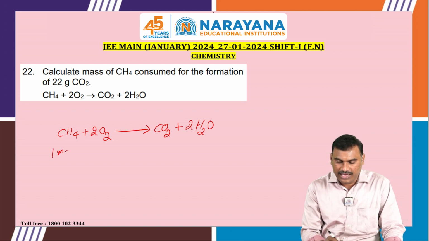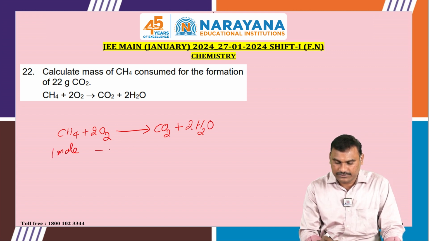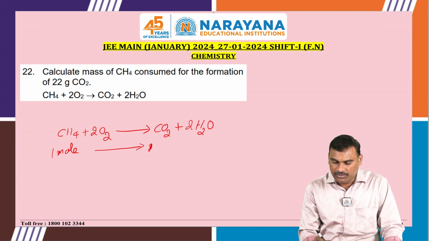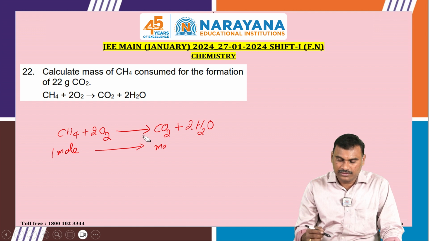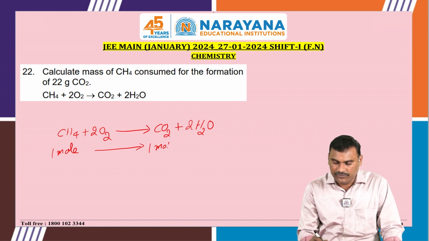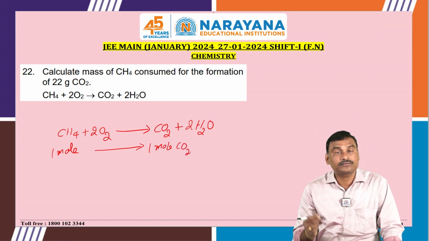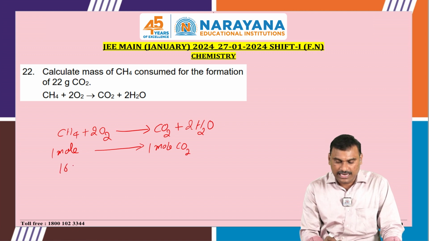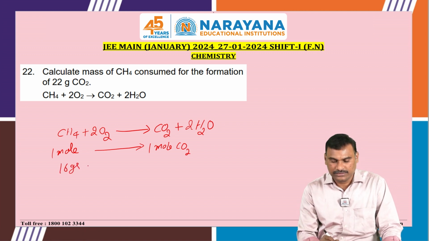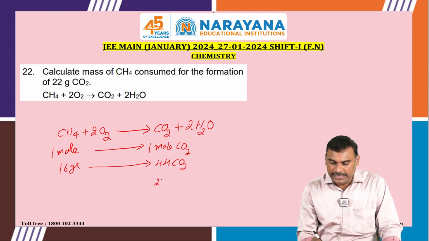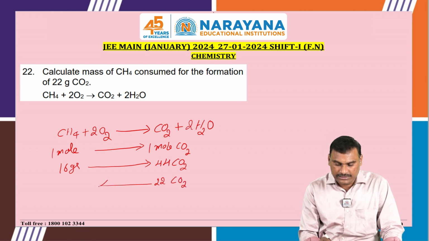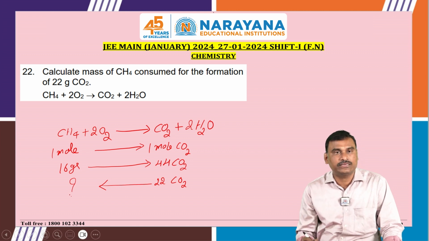Actually, 1 mole of methane produces 1 mole of carbon dioxide. That is, 16 grams, 1 mole of methane, can produce 44 grams of carbon dioxide, but only 22 grams of carbon dioxide was formed. How much methane is consumed?